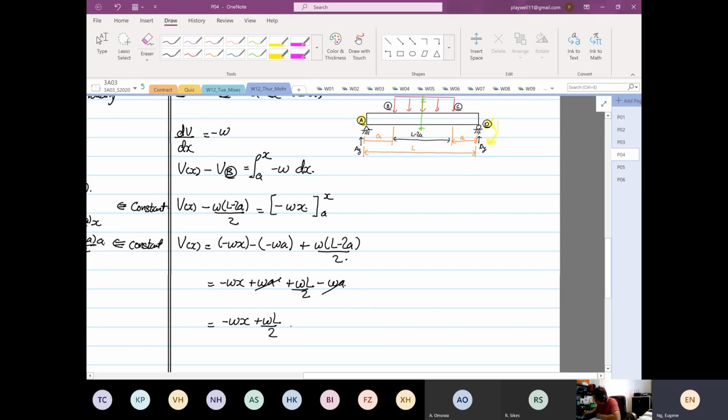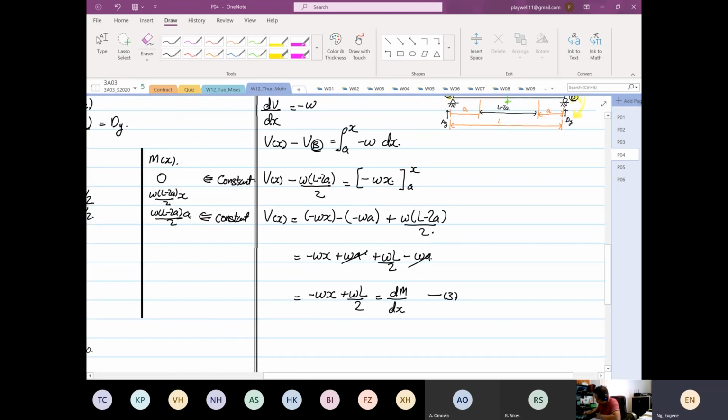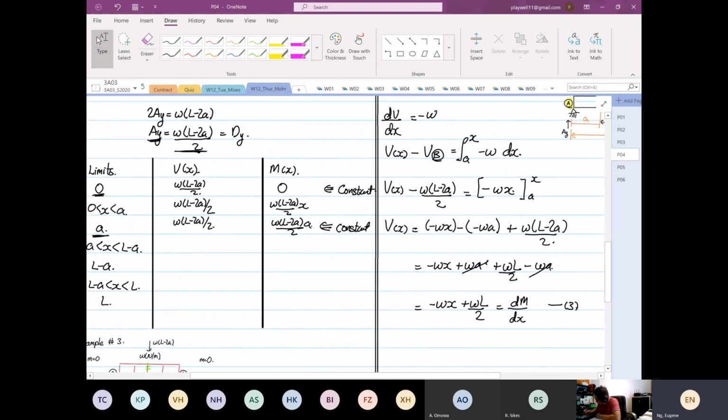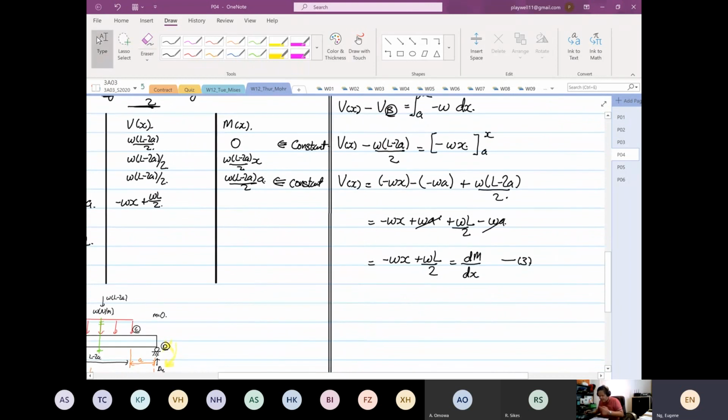So this will be equal to your dM by what? dx. Okay, so this is my equation number 3. So immediately you go to your table, you can write this down as minus omega x plus omega L divided by 2. Okay, so then we integrate, right?